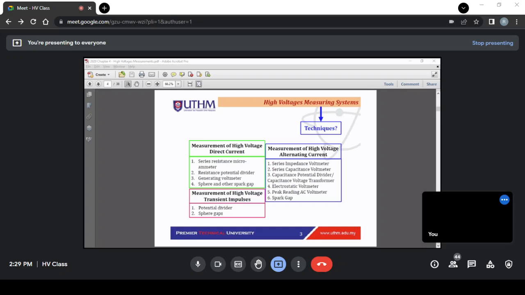These are the techniques or approaches that we're going to look at in this session, on how we are going to measure the high voltage, with the two fundamentals of transformers and voltage divider.